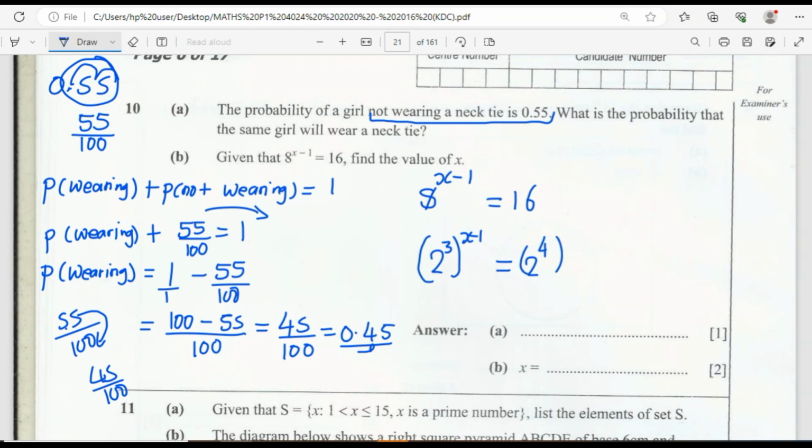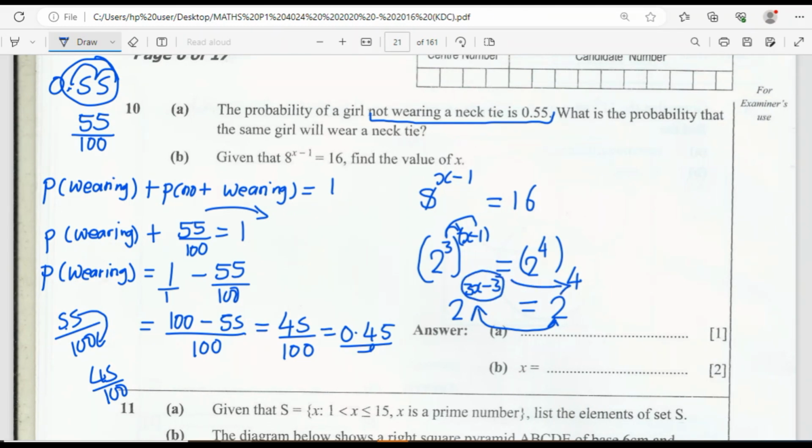Then by the rules of indices, we can multiply this power by whatever we have. So this will be 2 raised to the power 3 times x, which is 3x, and 3 times negative 1 is negative 3, is equal to 2 raised to the power 4. If the bases are the same, then the powers are also the same.